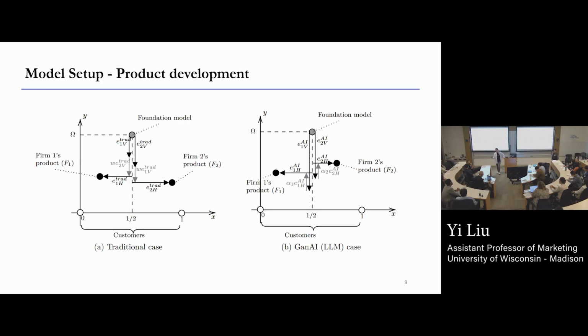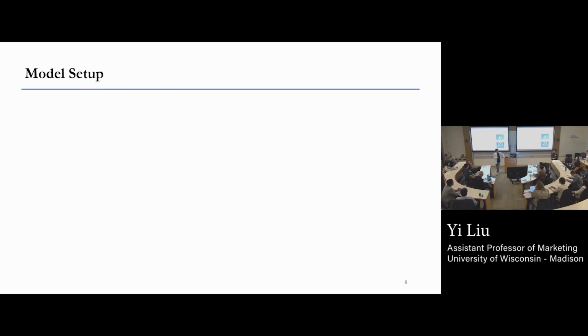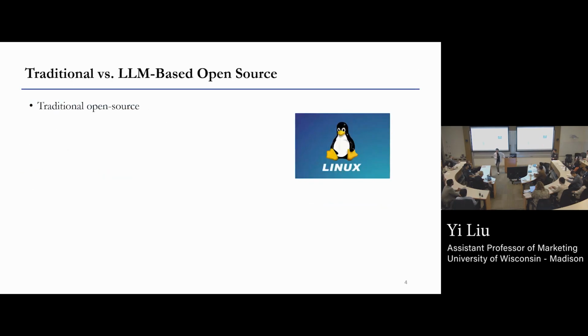We have seen this kind of example, and that's the key idea of this paper, and the key thing we try to say: this may not be a bad thing for firms applying these foundation models. So that trade-off can be determined by the companies that are applying. Right. So we only focus on the application layer firms. Yeah, like this.